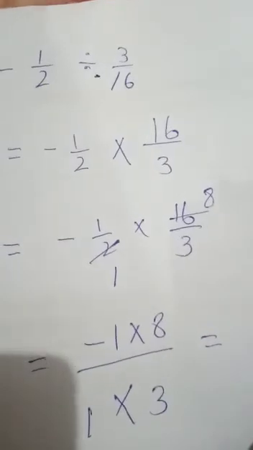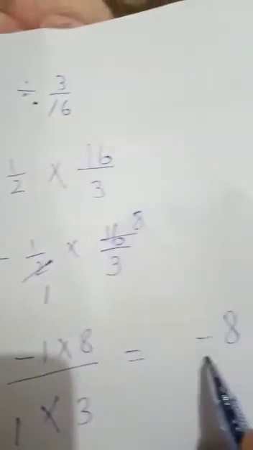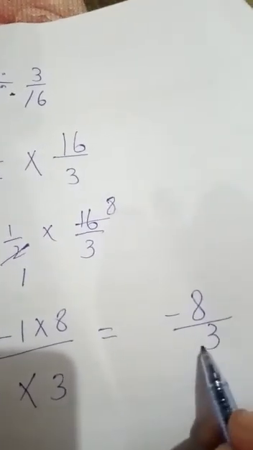We get minus 8 by 3, 8 1s are 8 and 3 1s are 3. Now students, it's also an improper fraction, that's why we will divide it like that. 3 2s are 6 and 7 8. It's very easy, we will write it like that. This is the right answer.